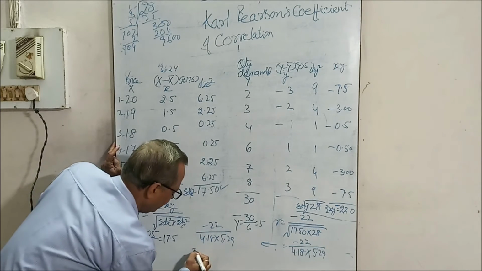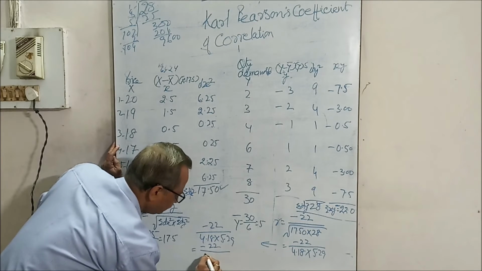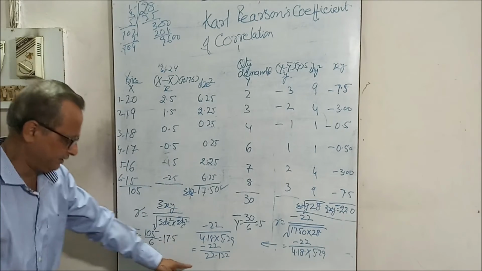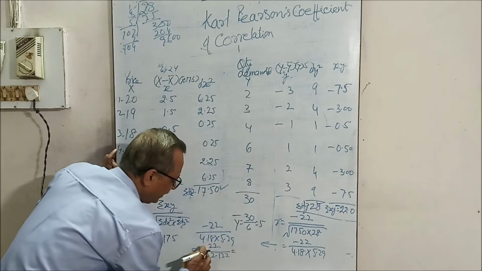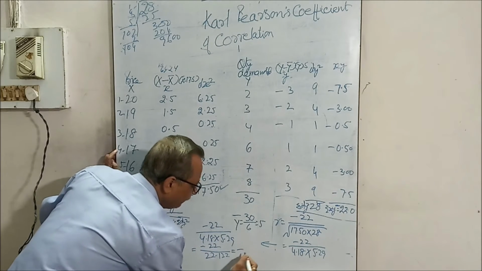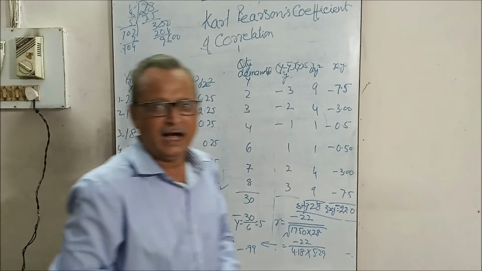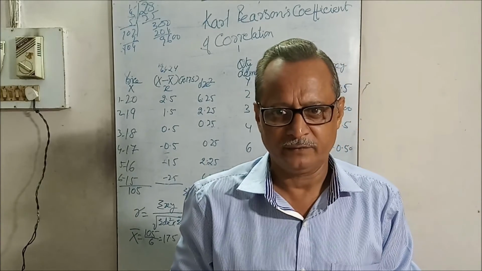Multiply it, we will get the product of it. Minus 22 upon 22.122, and then we will get minus 0.99. This is highly correlated, meaning a high degree of correlation but negative correlation. Understood?